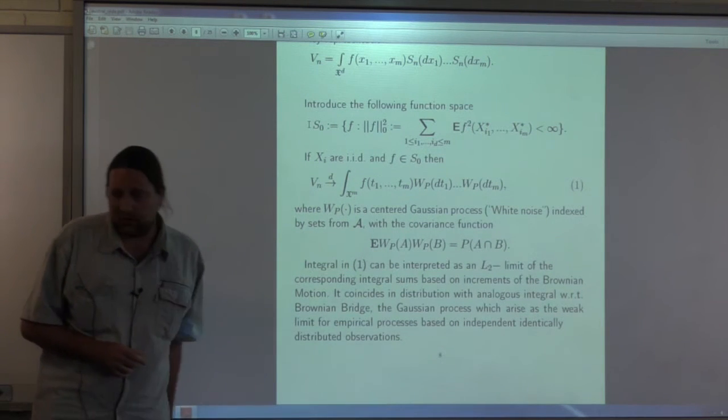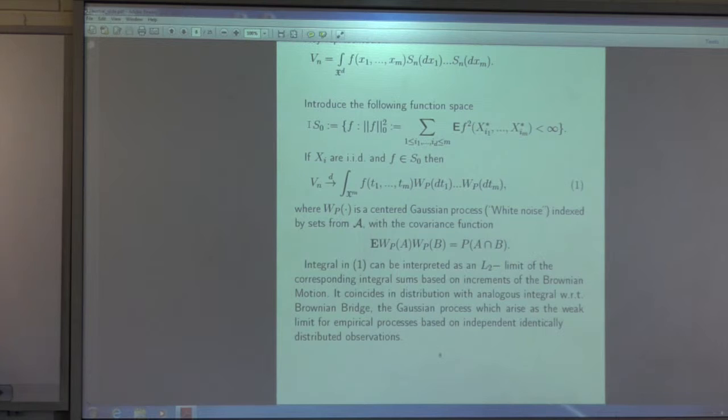And this stochastic integral can be interpreted as an L2 limit of corresponding integral sums.